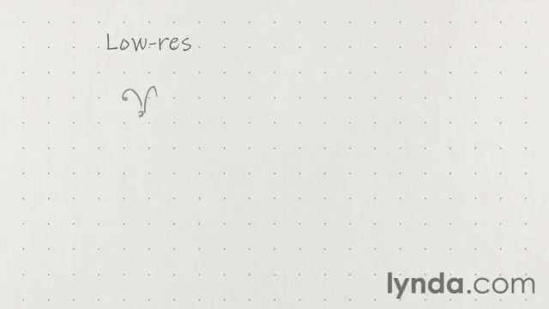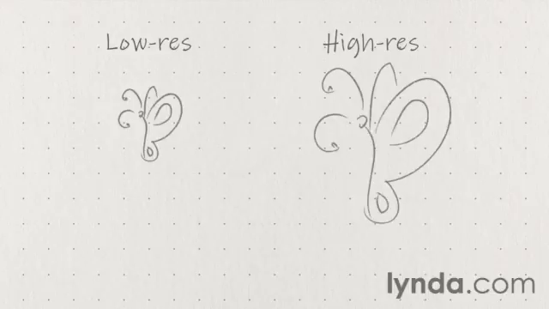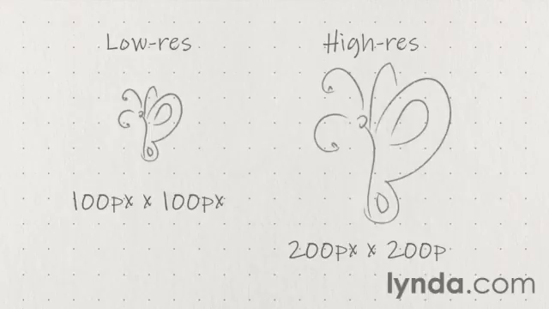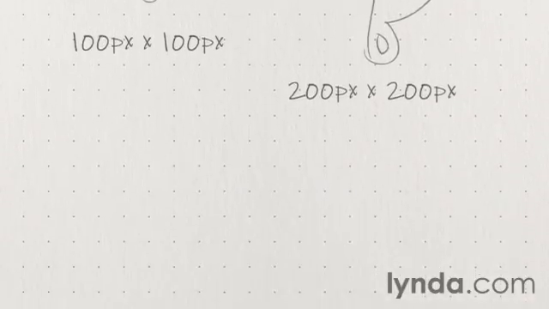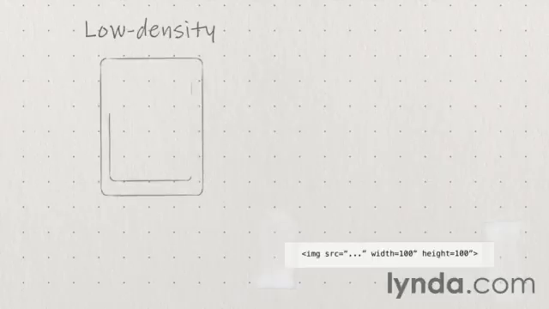For raster graphics, you have a few options when targeting high-density screens. The basic idea is this. If you need an image to be 100 pixels by 100 pixels, you simply create the image at the scaling factor that's appropriate for the targeted screen. For example, an iOS device with a Retina display has a scaling factor of 2. So you'd create the image at 200 pixels by 200 pixels.